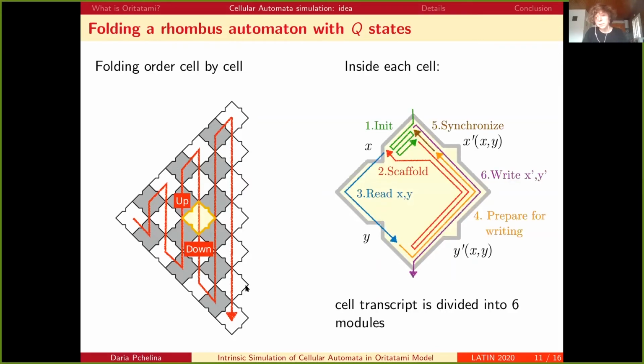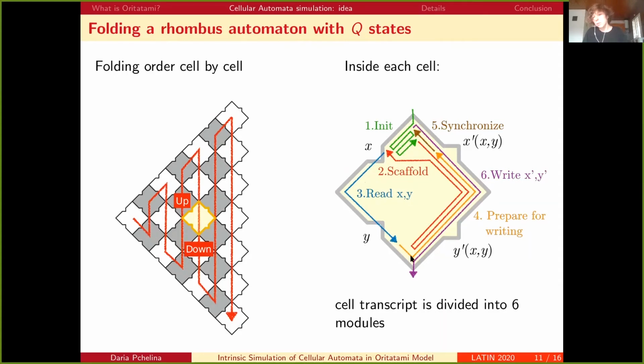Our transcript consists of the repetitions of the same segment corresponding to one cell of the diagram. This segment is divided into 6 modules. So the first Init module will be discussed a bit later. The red scaffold module is building a skeleton of our cell. The third blue module is reading states of the neighbors.